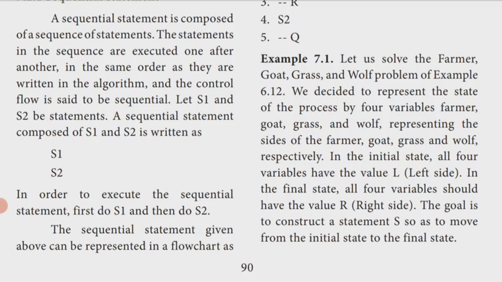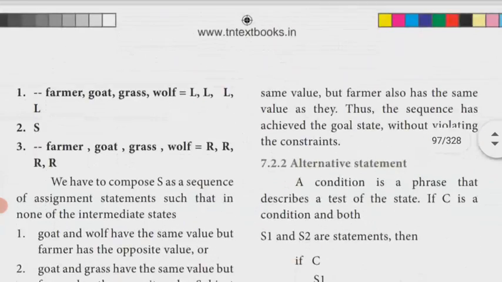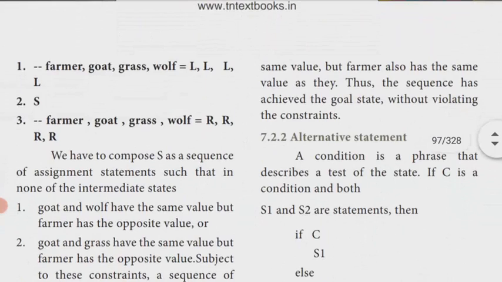Just consider the example here, the farmer, goat, grass and wolf problem. First all of them are on the left side, and we want to do the process so that after that all should be on the right side.